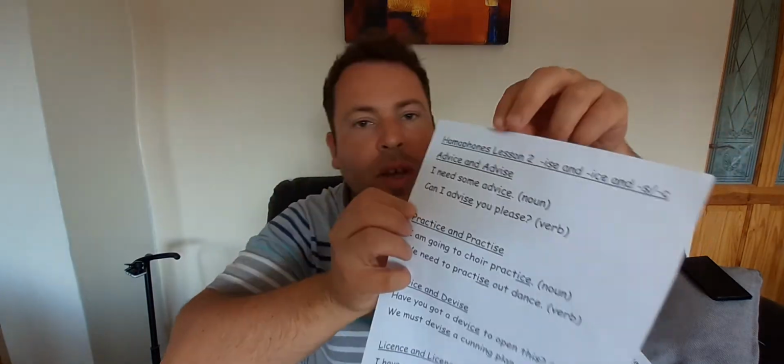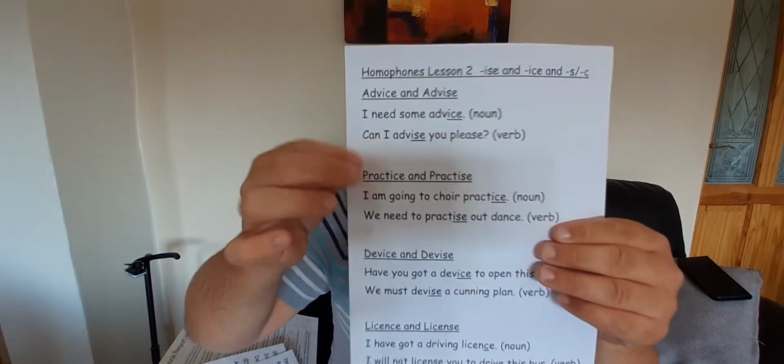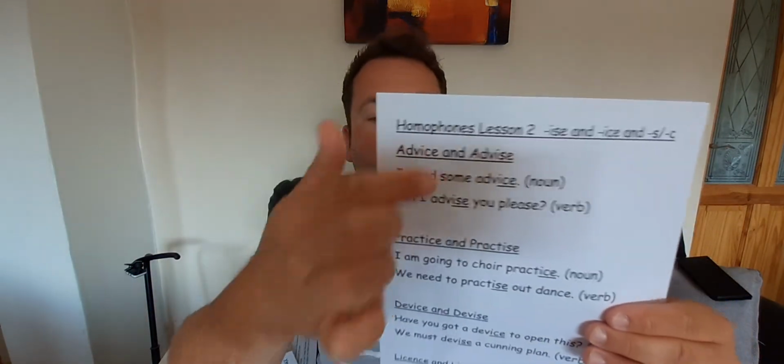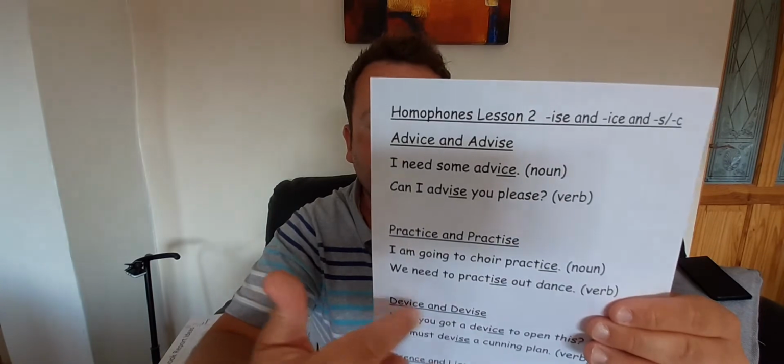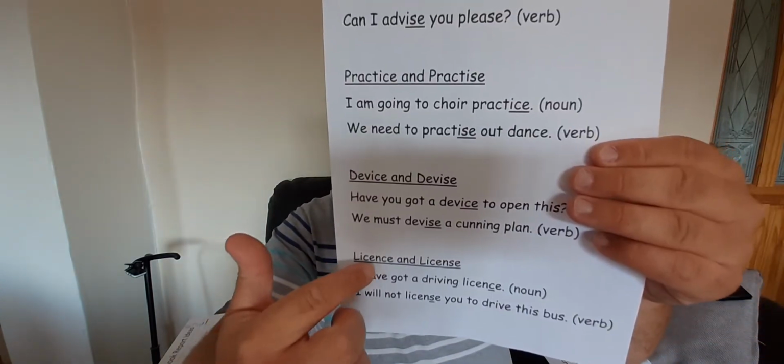You should then have looked at the difference between verbs and nouns: nouns ending in ICE and verbs ending in ISE. We looked at advice and advise, practice and practise, devise and device, license and license. I want sentences for these as well, so you're practising using these words in the right way.